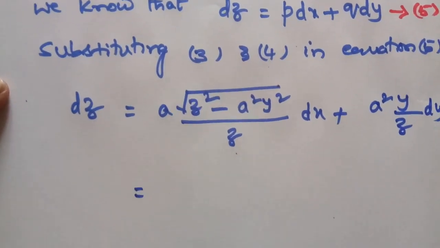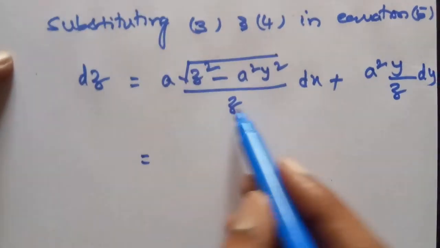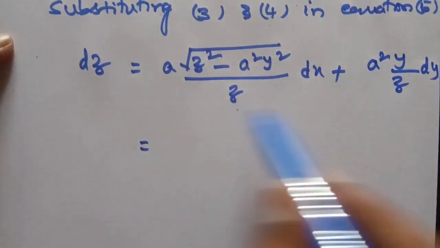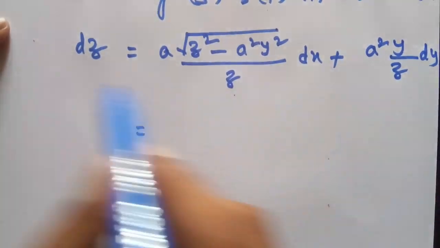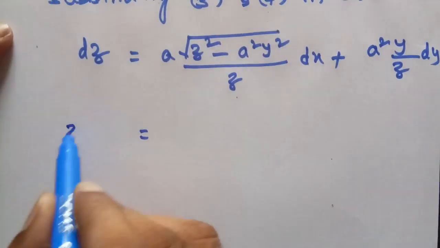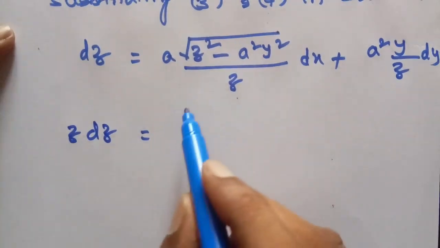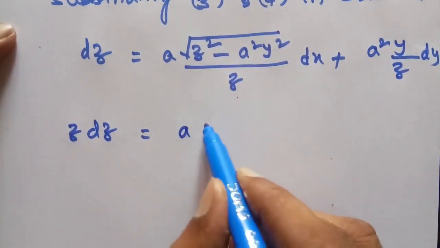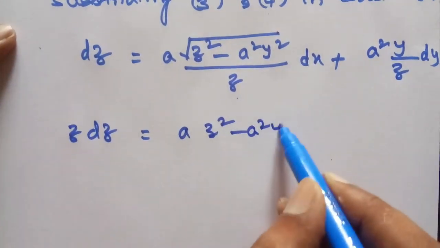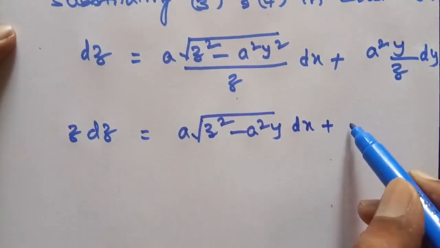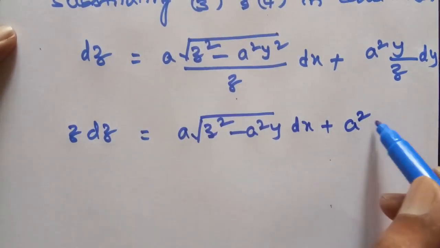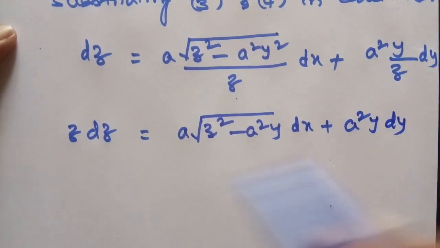Now, therefore, taking z as the LCM and cross multiplying, z dz is equal to a into z square minus a square y square into dx plus a square y dy.